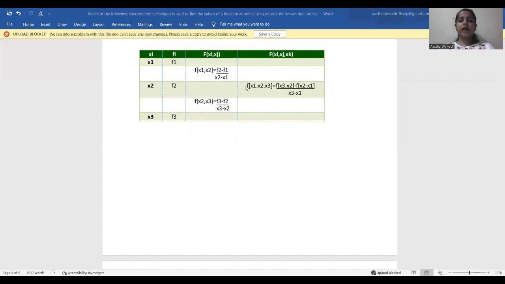For three values, we have f(x1, x2, x3), which comes from (f3 minus f2) upon (x3 minus x2), minus (f2 minus f1) upon (x2 minus x1), whole divided by (x3 minus x1).